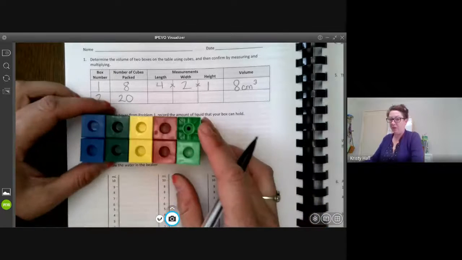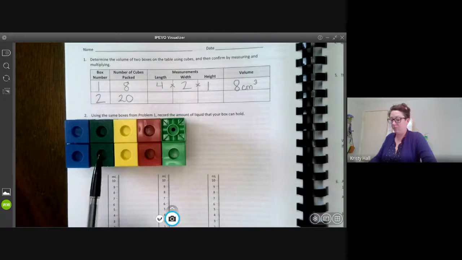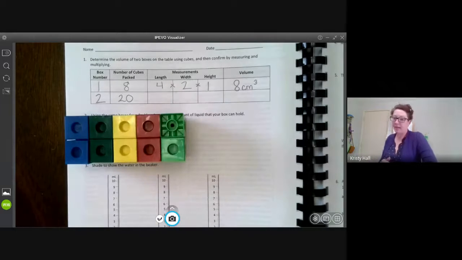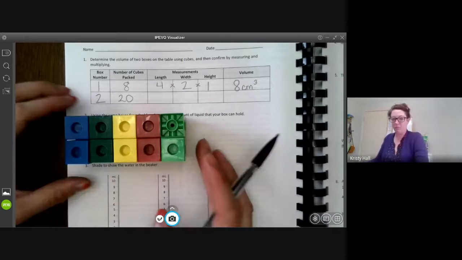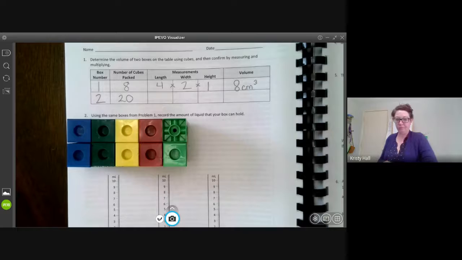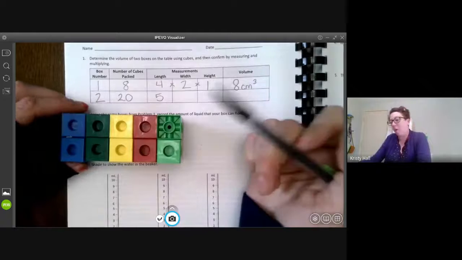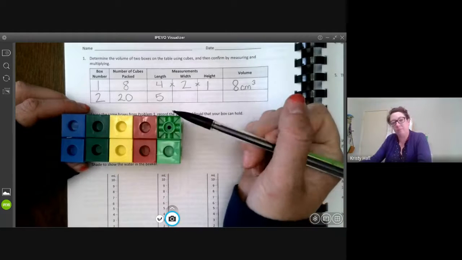Now let's count the length. That's how long it is. What's the length? Five. Yep, it's 5 blocks long. How wide is it?